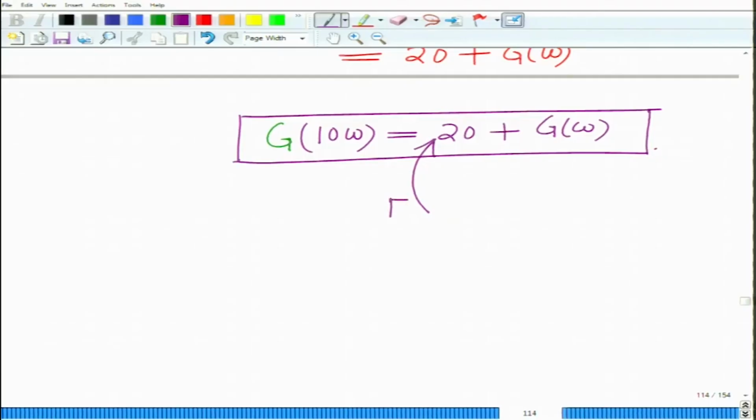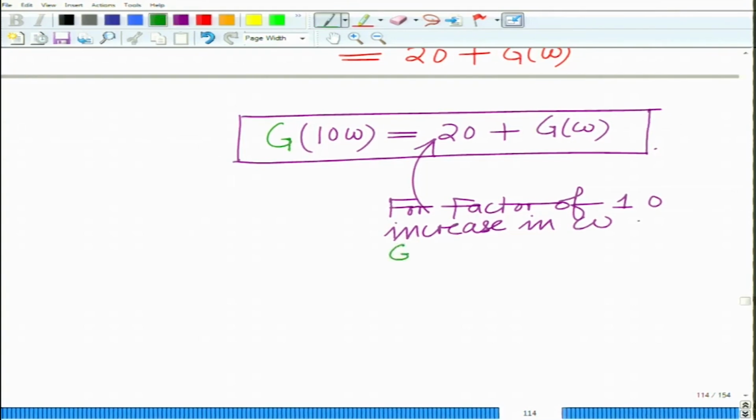This is something that is important. So, for a factor of 10 increase in omega, g omega increases by 20 dB. This is an important point.